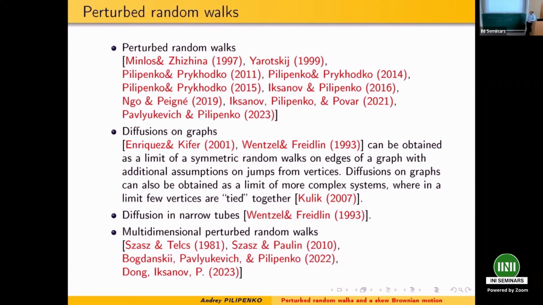At first we found this with Alex Iksanov, and finally the most general result was proved by Ilya Pavlukevich from Jena University and me in 2023, and the paper was accepted 2 days ago.